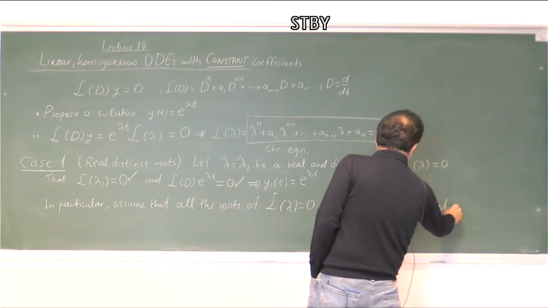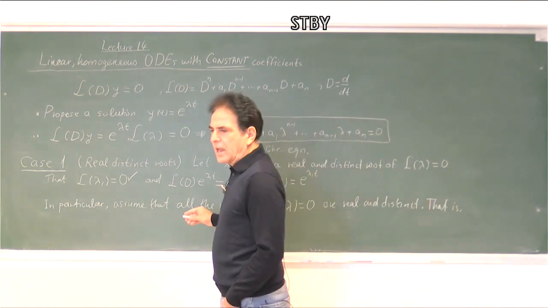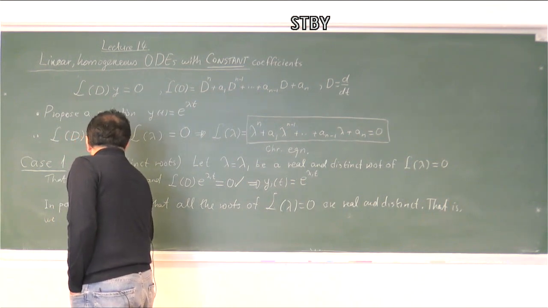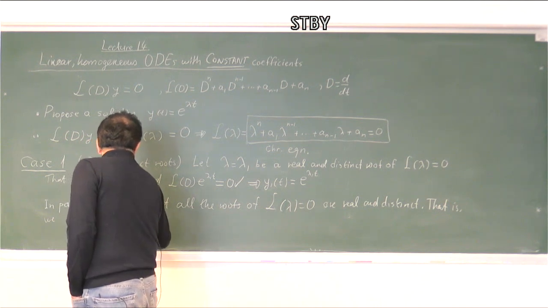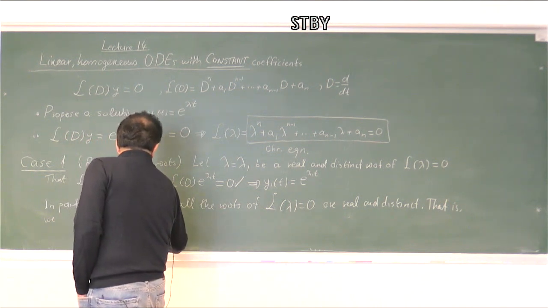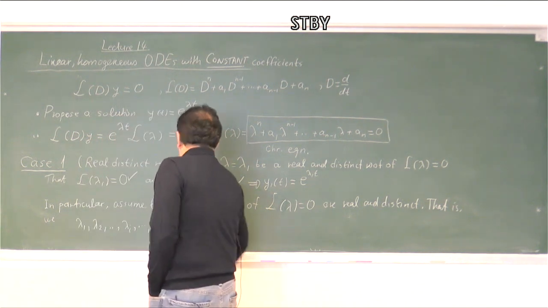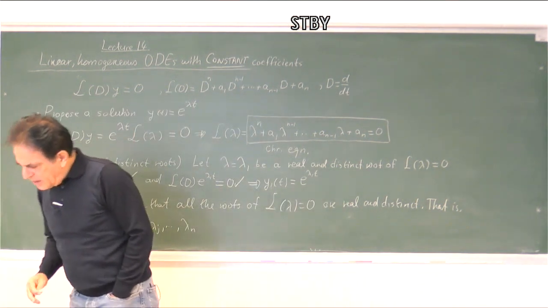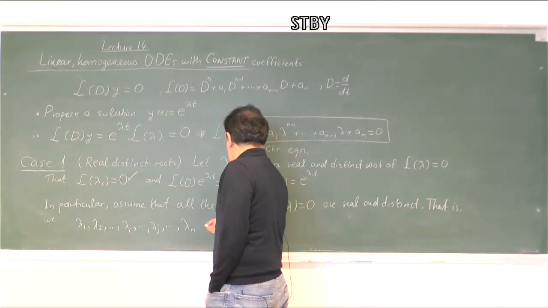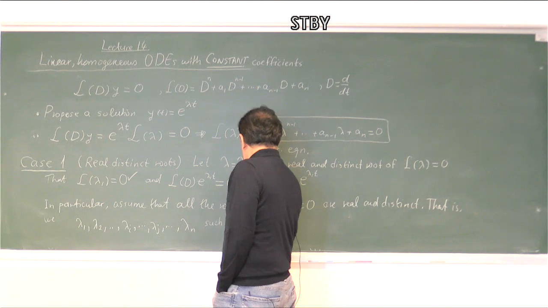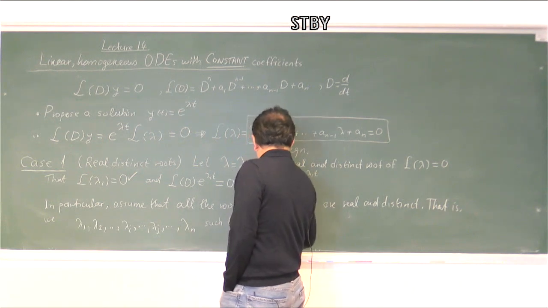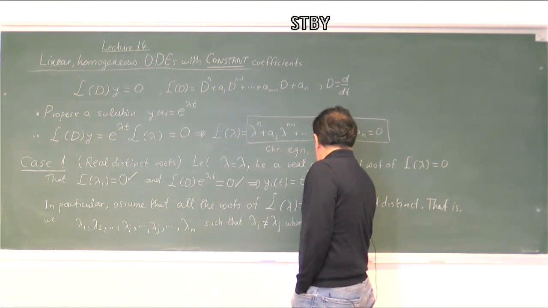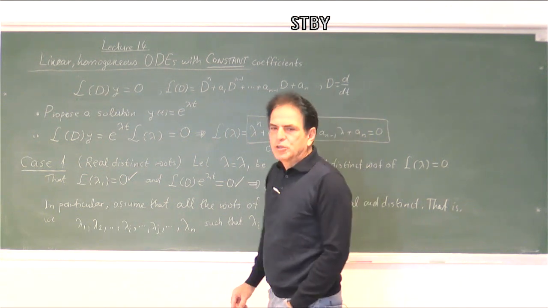That is, there are totally n roots. We have lambda 1, lambda 2, ..., lambda i, lambda j, and finally lambda n, all real, such that lambda i is not equal to lambda j when i is not equal to j. This means that the roots are distinct.